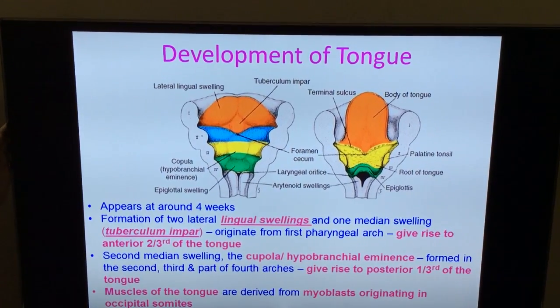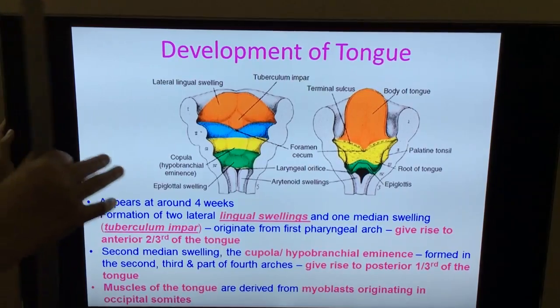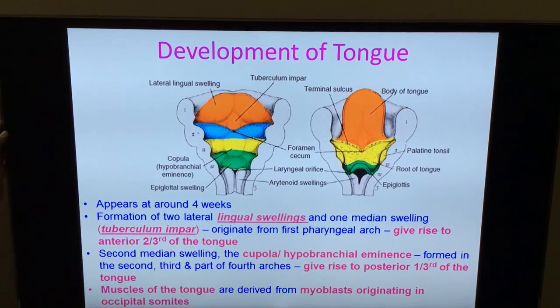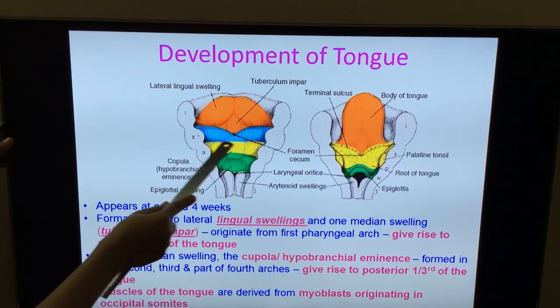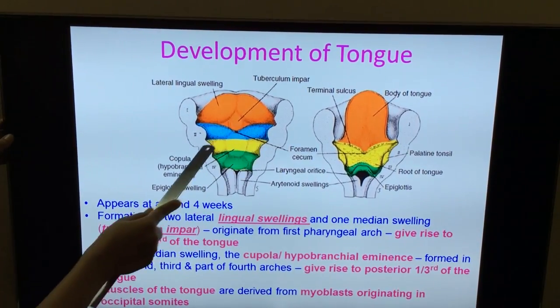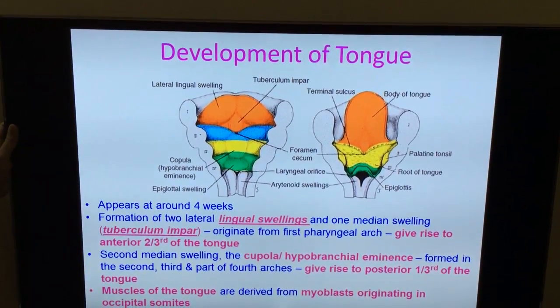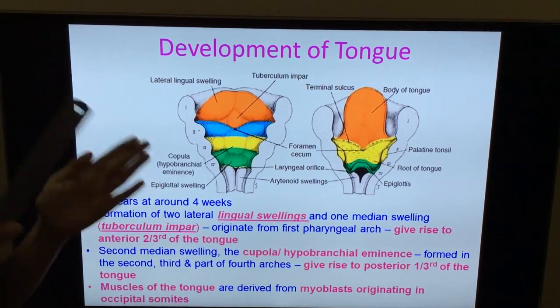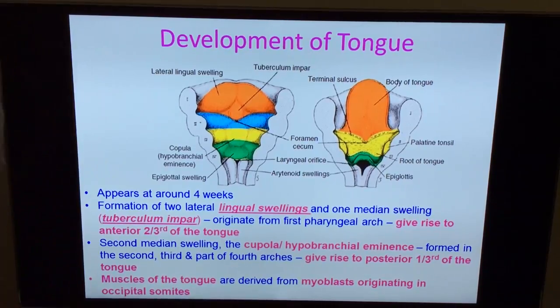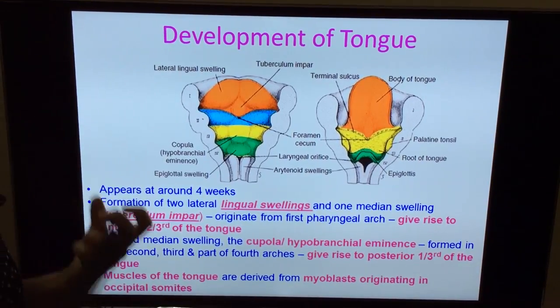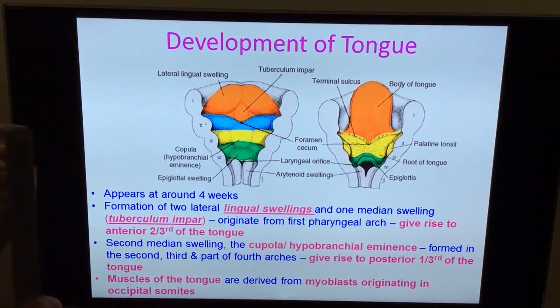You know that the tongue has a special sensation which carries taste, right? That's why, at the posterior 1/3, the major part is at the third pharyngeal arch level. So both general sensory and special sensory, that is taste sensation, are carried by the glossopharyngeal nerve, which is the 9th cranial nerve.